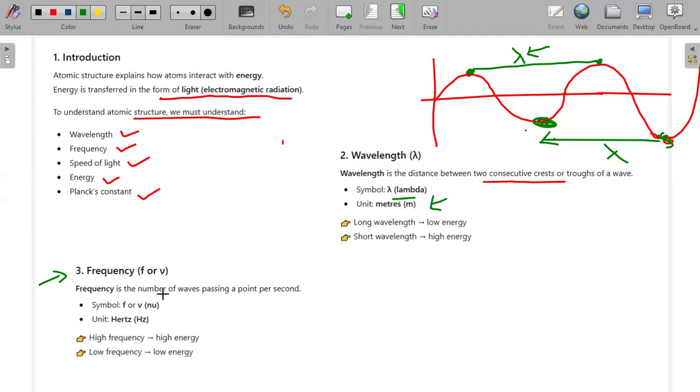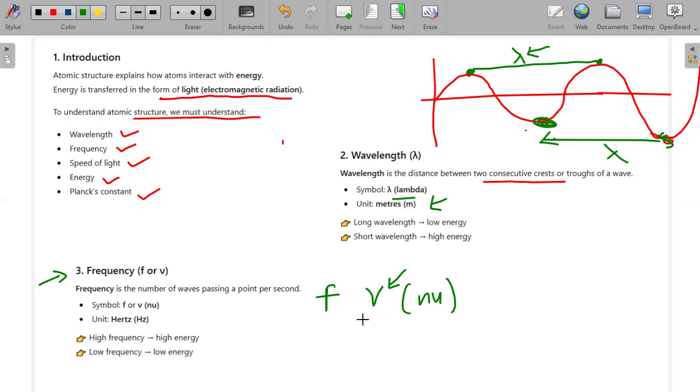When you talk about the frequency, this is just the number of waves passing through a point per second. The total number of waves that will pass at a certain point per second, that's what we call the frequency. The symbol is f or something that looks like a v, like this one. We call this symbol here nu. It's not v, but nu.